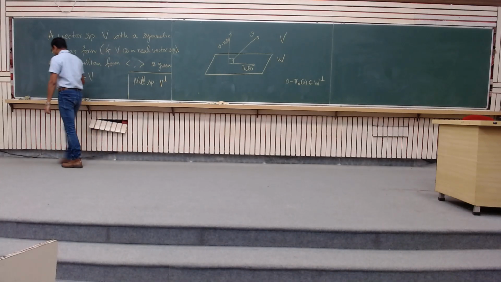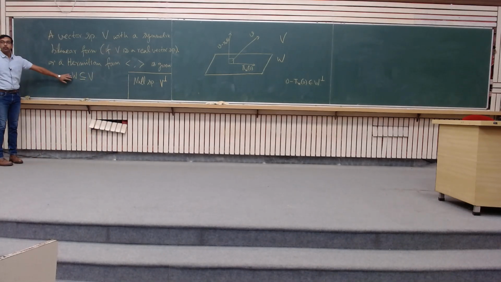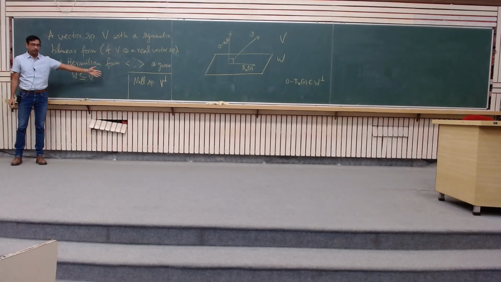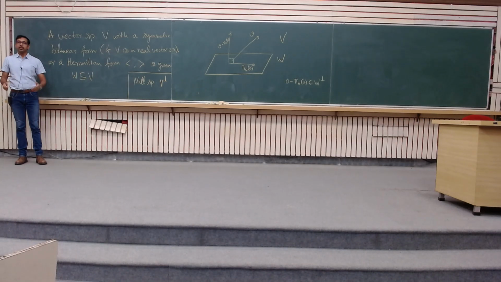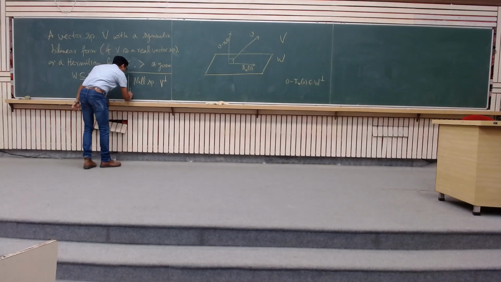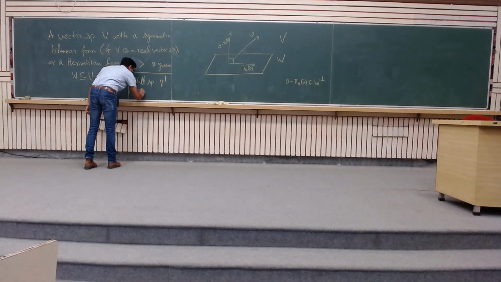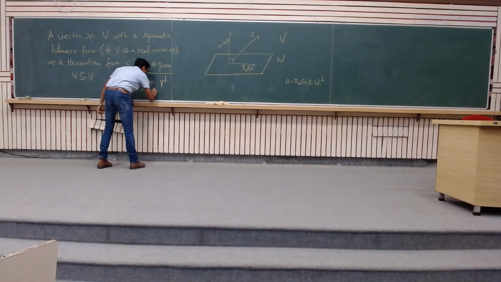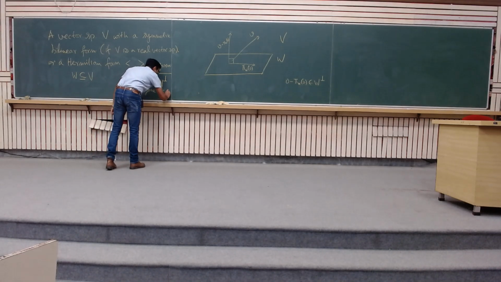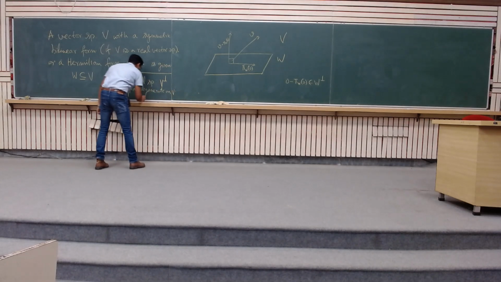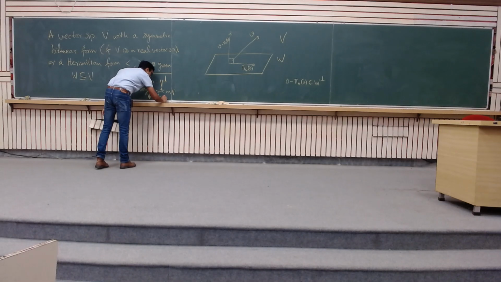And by W being non-degenerate, we just meant that W intersection W perp is equal to 0. In general, if it is a non-degenerate form on V, this will mean that V intersection V perp is equal to 0.